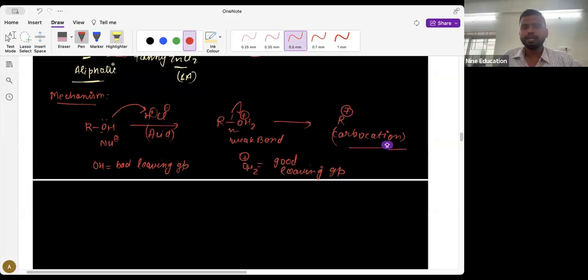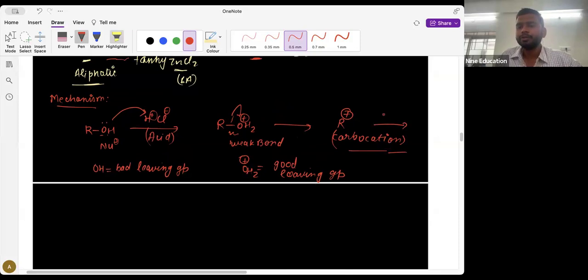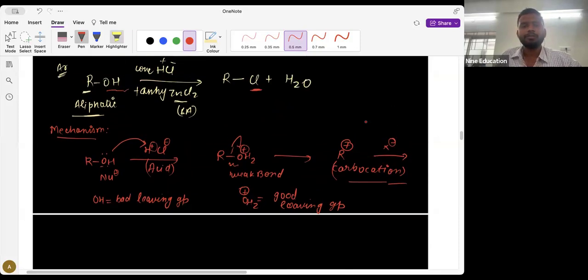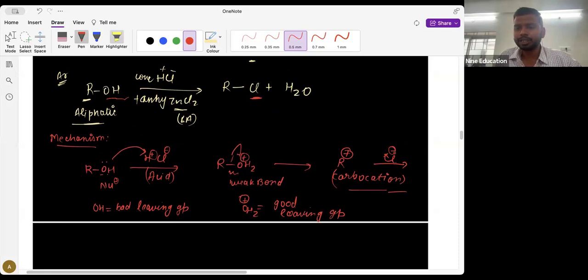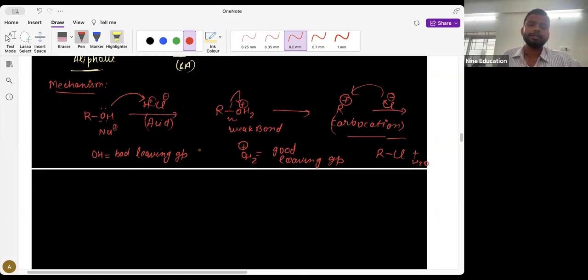And once carbocation is made, we have HCl, next was Cl minus left, so carbocation के ऊपर Cl minus attack करता, and lastly we form RCl with H2O we form. So this RCl is formed in two steps. First, we form carbocation. In the last, we attack the Cl minus on R positive to give us the RCl.